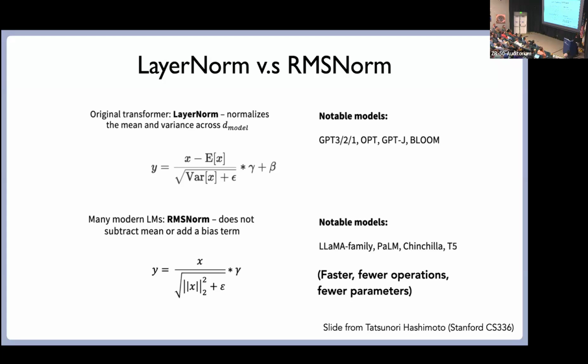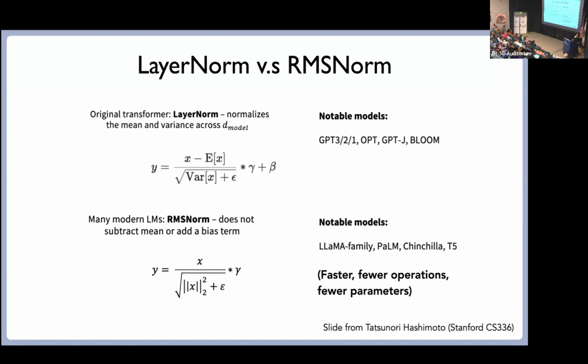This is pretty good, but the point of RMS norm is that we can simplify it by removing the parameters and not computing the mean. It's faster because there are fewer operations, since you don't have to compute the mean, and it also has fewer parameters because you don't have any weight or bias. So it's faster, but it's also as good as layer norm. Now most modern architectures are using RMS norm instead of layer norm.